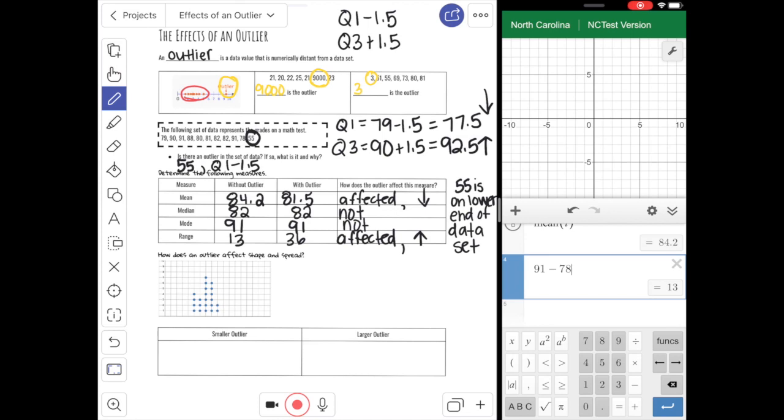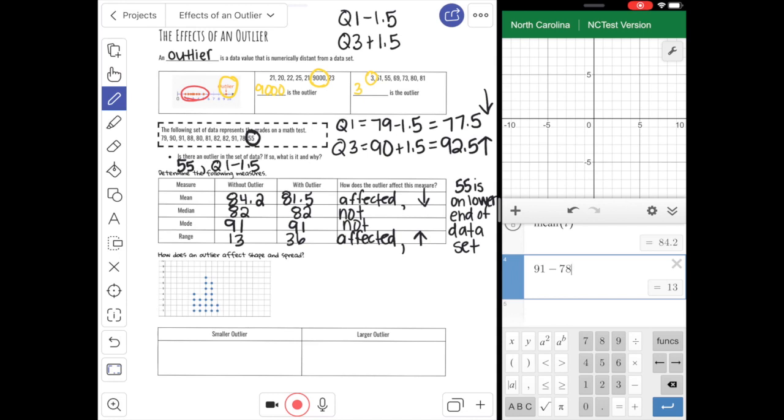Because you put in a number on the lower end that increased the spread of my numbers from maximum to minimum. So keep in mind that whether the outlier is on the lower end or the upper end determines how the mean and the range are affected. Most of the time the median and the mode are not. Like I said, the mode can be affected slightly, but you would have to calculate it to be sure.